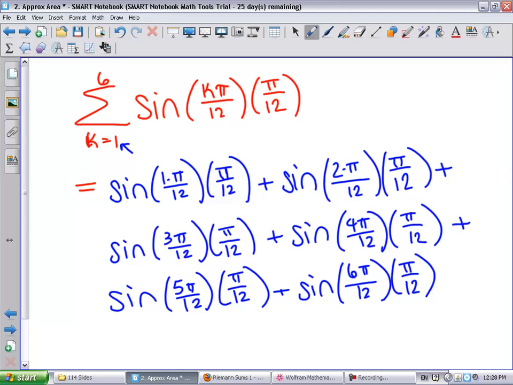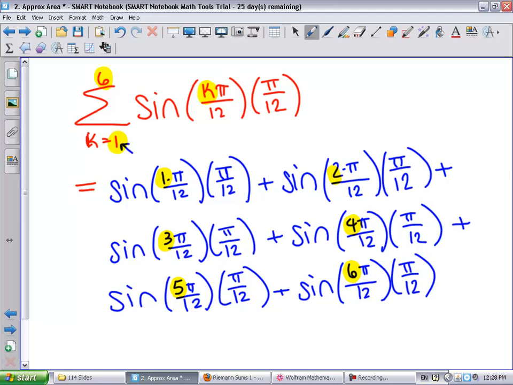So those are numbers, you add them all up, and that gives you that approximate area that we're looking for. Notice that when we wrote all these things out, the only thing that was changing was the number that got plugged in where the k was in the formula. And we're just plugging in all the counting numbers starting at 1 and ending at 6. Just like we said, that's what the sigma notation does. Everything else we're just copying is exactly the same.